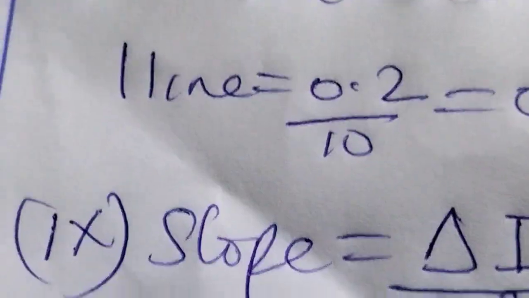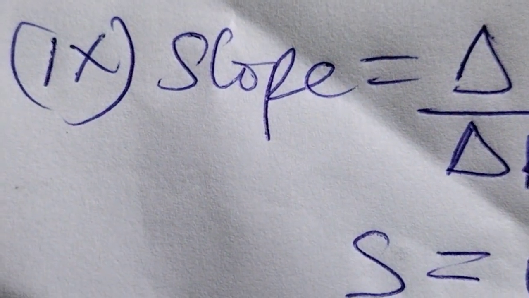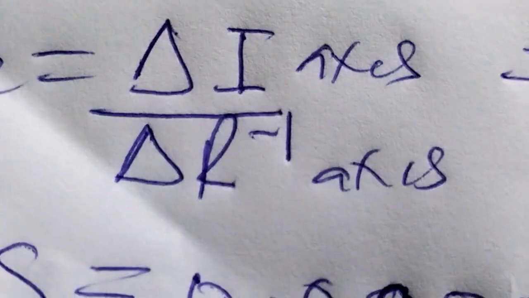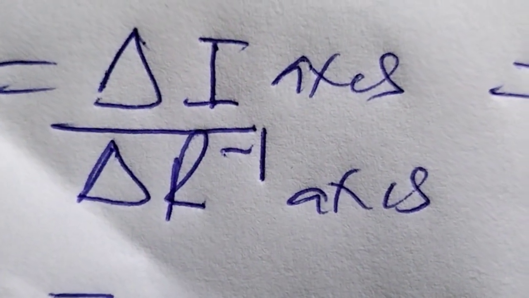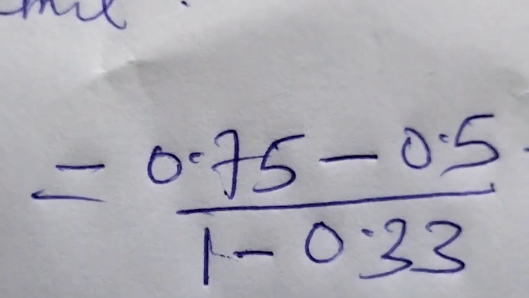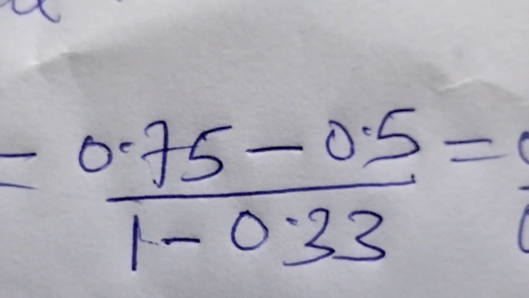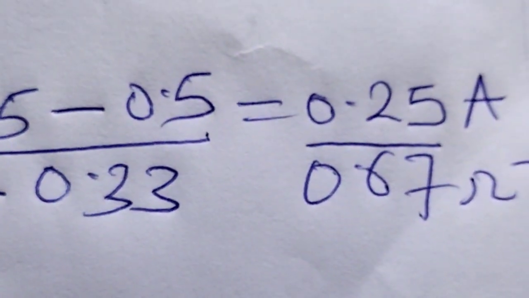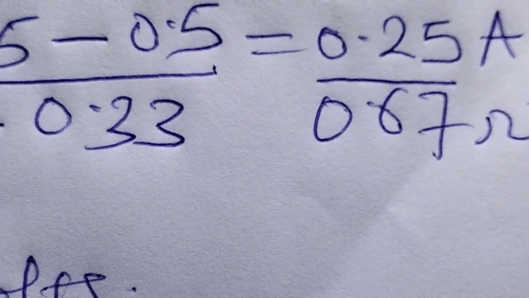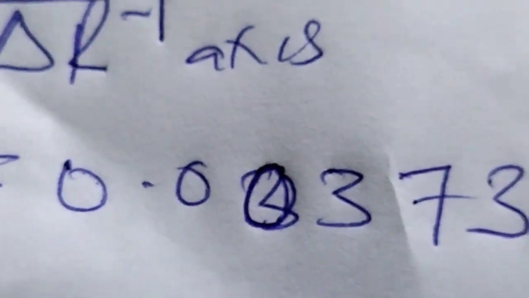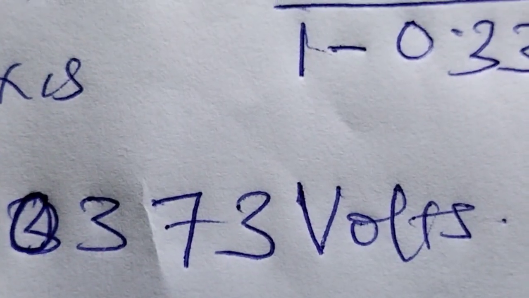So we have our slope: change on the current axis, which is the vertical axis, all over change on the horizontal axis, which is the R inverse axis. We now have 0.75 minus 0.5 all over 1 minus 0.33. That gives us 0.25 amperes all over 0.67 ohms. Then dividing, we had our slope as 0.00373 volts. That is our slope.